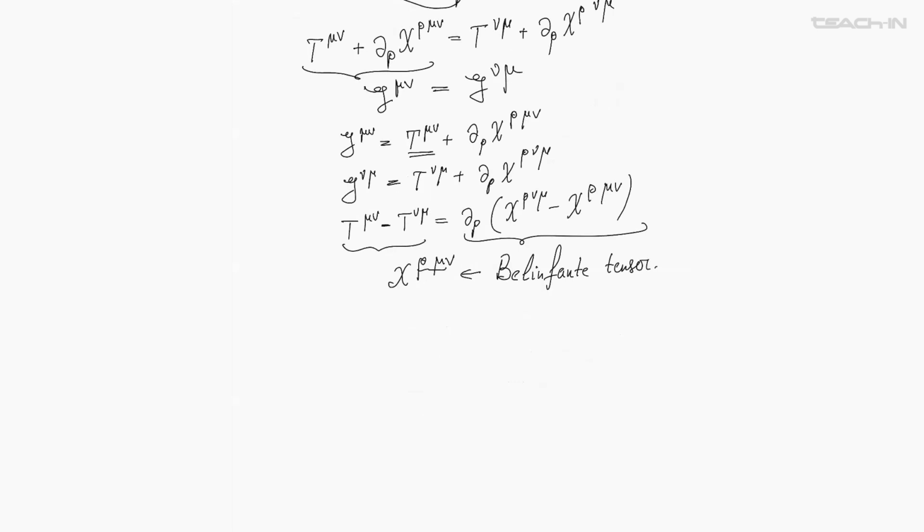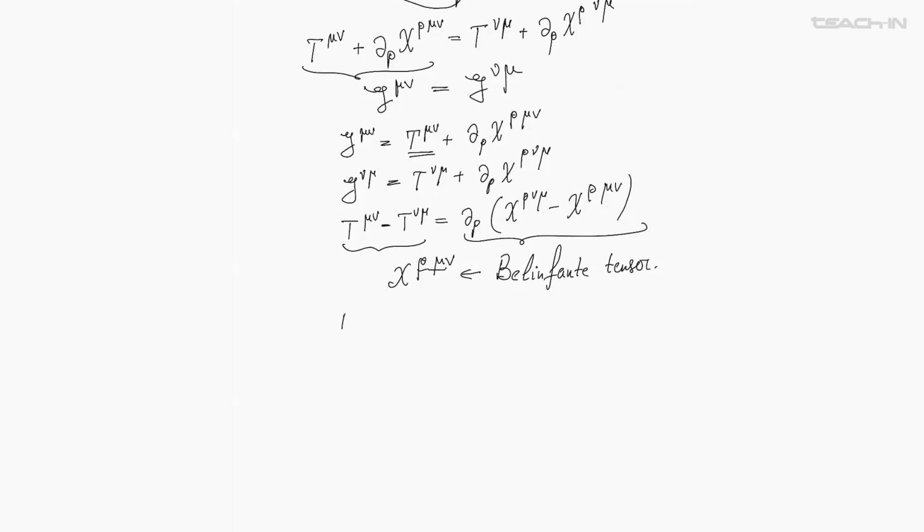And the final remark concerning this improvement procedure is that even improvement is not unique. Suppose you start from a canonical tensor and then you improve it by adding a proper Belinfante tensor, making your tensor symmetric. But even if your tensor is symmetric, you can still add to it a further improvement term.